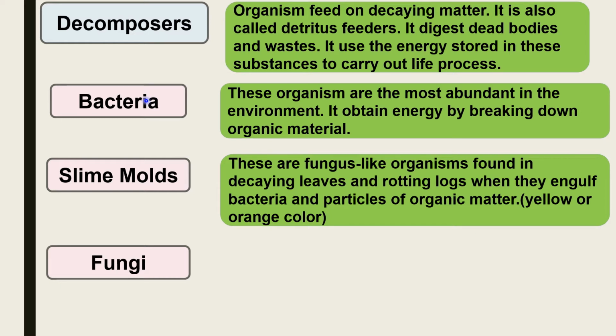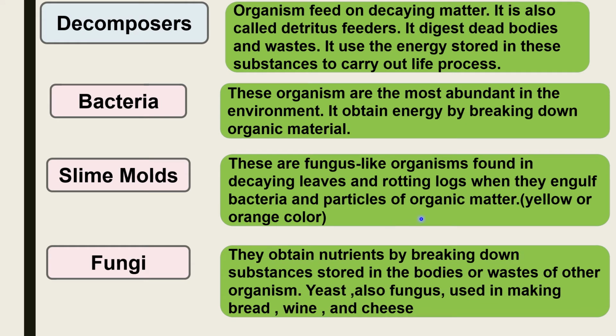Bacteria are the most abundant organisms in the environment. They obtain energy by breaking down organic material. Slime molds are fungus-like organisms found in decaying leaves and rotting logs, where they engulf bacteria and particles of organic matter. They are usually yellow and orange in color. And lastly, the type of decomposer is fungi.